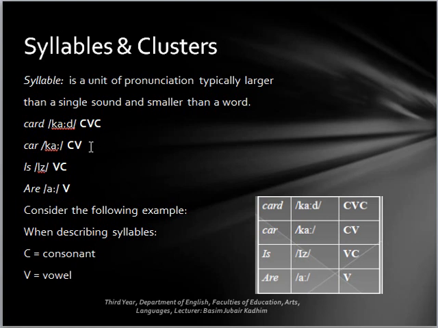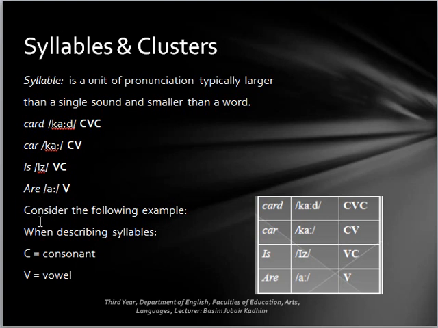Or car, consonant vowel. Why CVC, CV, VC, V alone? Because all of these four different versions can give meaningful units. Card gives meaning, car gives meaning, is gives meaning, and R gives meaning.